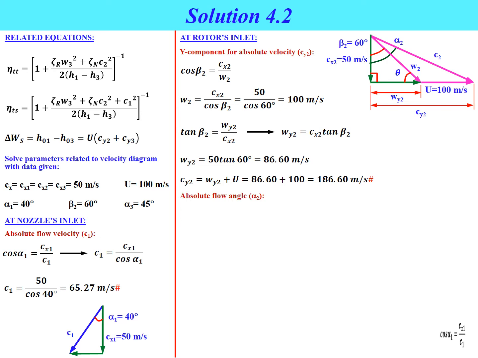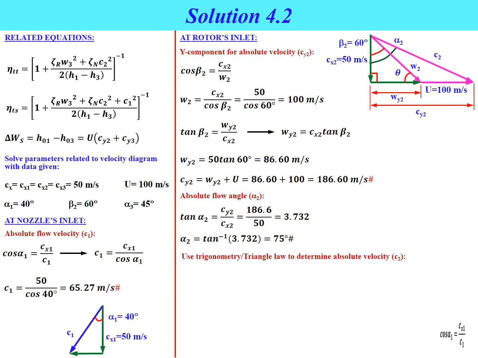In terms of the absolute flow angle alpha 2 at the rotor inlet, we can determine it by using tangent, where tangent alpha 2 equal to Cy2 divided by Cx2, and tangent alpha 2 will be equal to 3.732, and we get the alpha 2 value, which is equal to 75 degree.